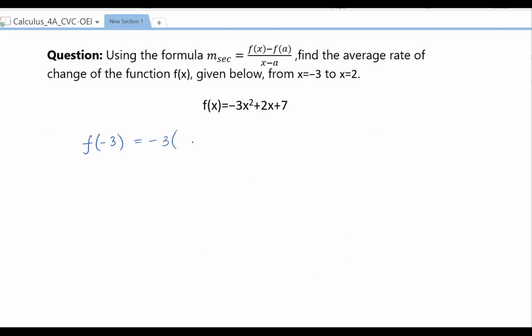So negative 3 times this comes out as negative 26. Okay. And that comes out to be negative 1.